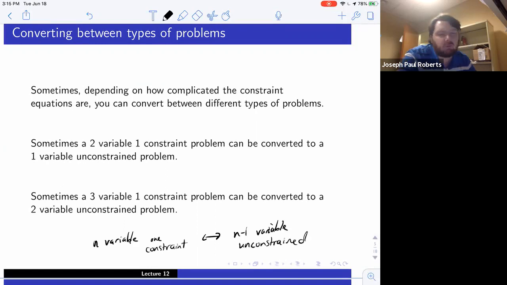And so the types that we'll look at for particular values of n are, sometimes you could go 2-variable constrained to 1-variable unconstrained, or 3-variable 1 constraint to 2-variable unconstrained.